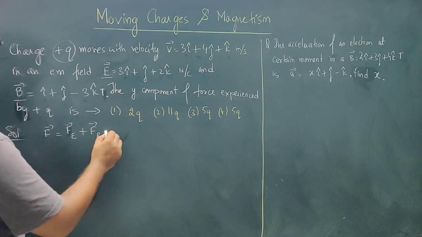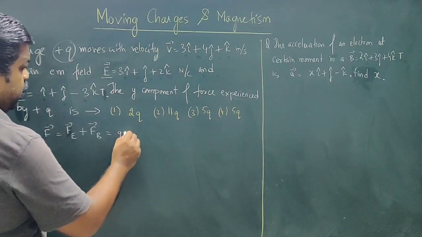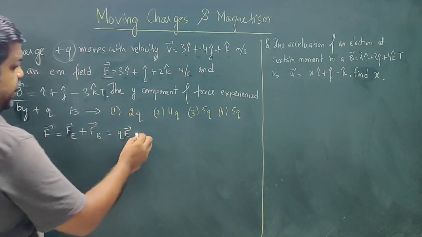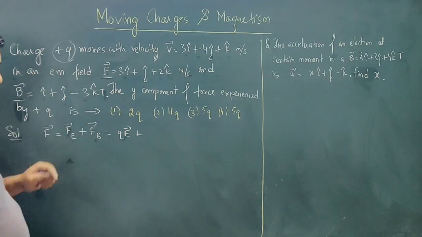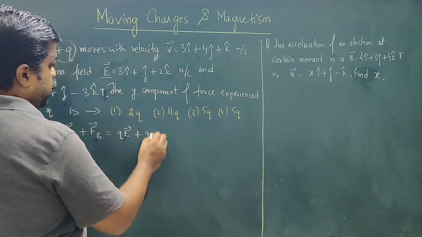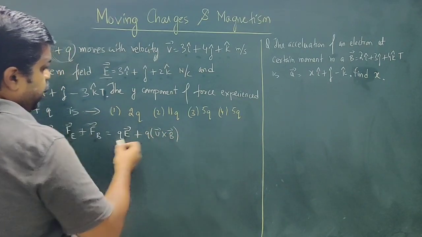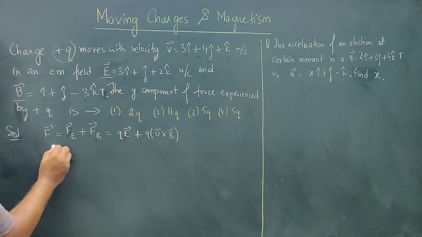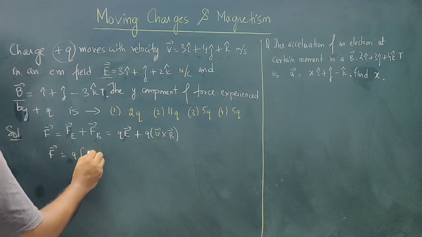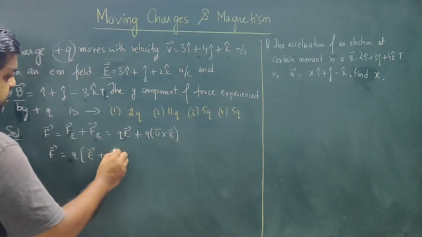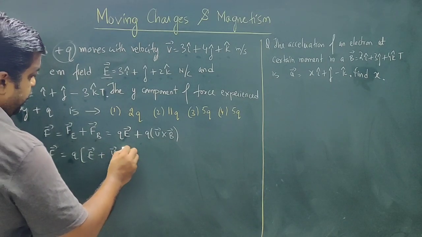Force due to electric field is QE, and force due to magnetic field, this force is called magnetic Lorentz force, is Q V cross B. So I can write this as F is equal to Q (E plus V cross B).